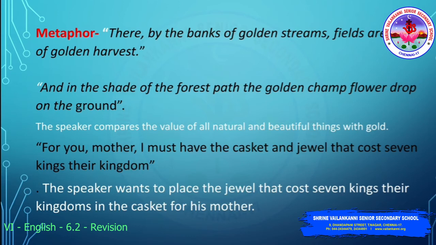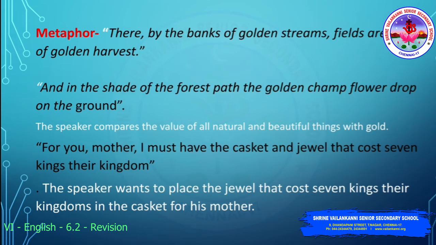Next, metaphor. Comparing a subject or object with another without using the word like or as. There by the banks of golden streams, fields are full of golden harvest. And in the shade of the forest path, the golden champa flower drop on the ground. What has been compared here?